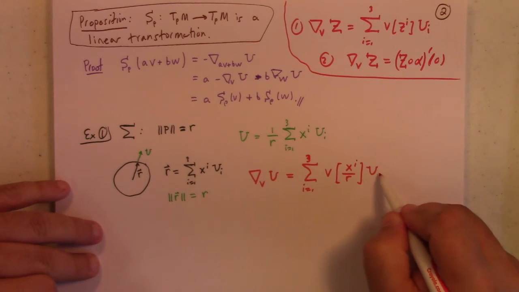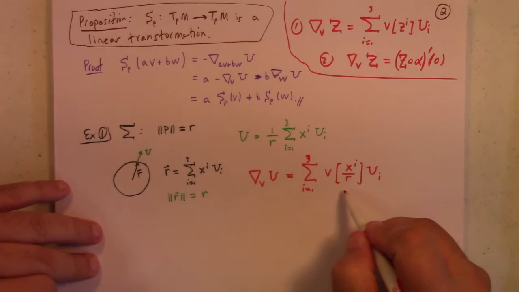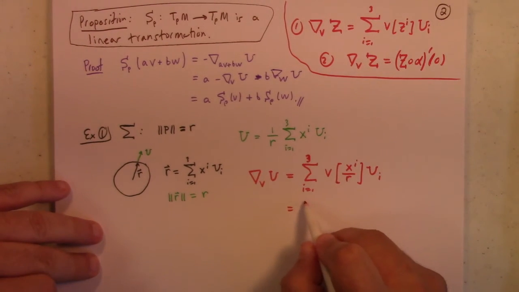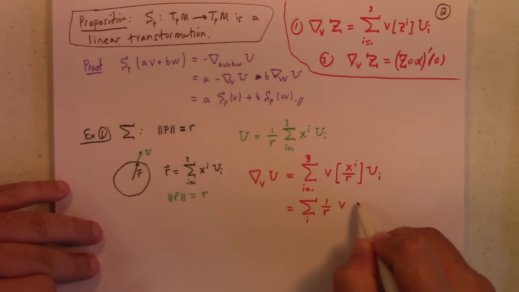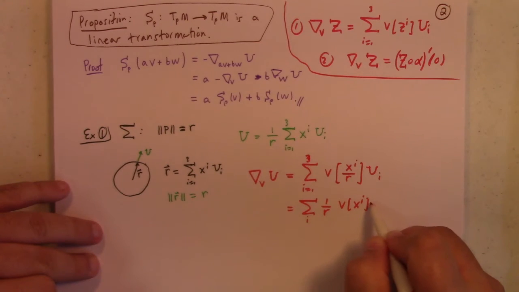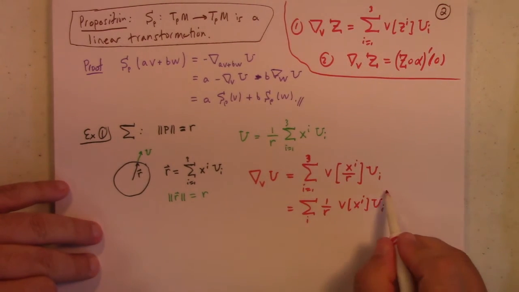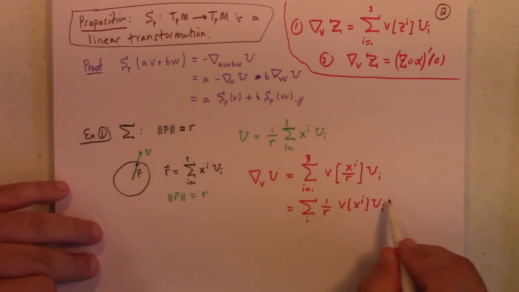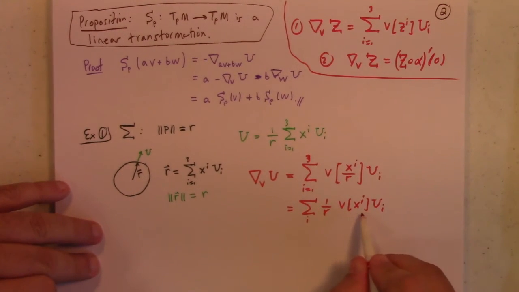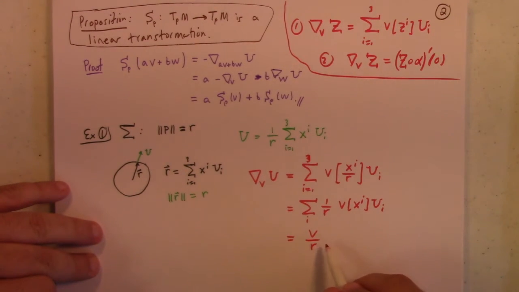And then ui. But the constant pulls out, right? And you're just left with the sum over i of 1 over r, v of xi, ui. But what's that? If you pull the r outside the summation, this just gives you v again, because that's just the ith component of v. And so you're just left with v over r, in fact.